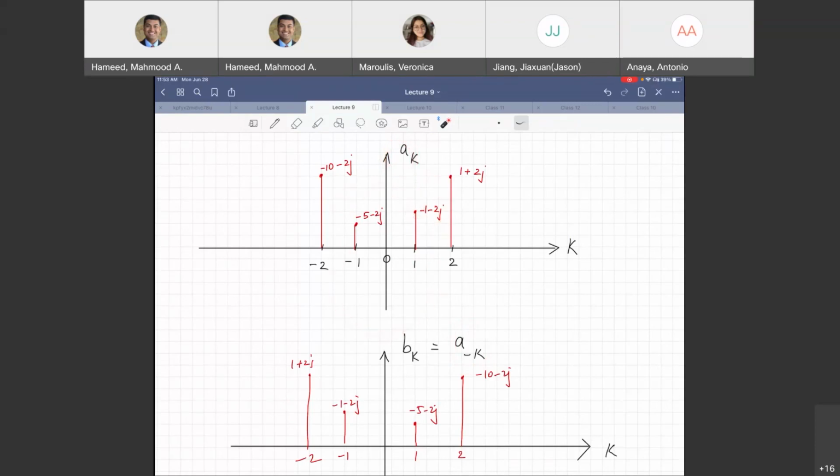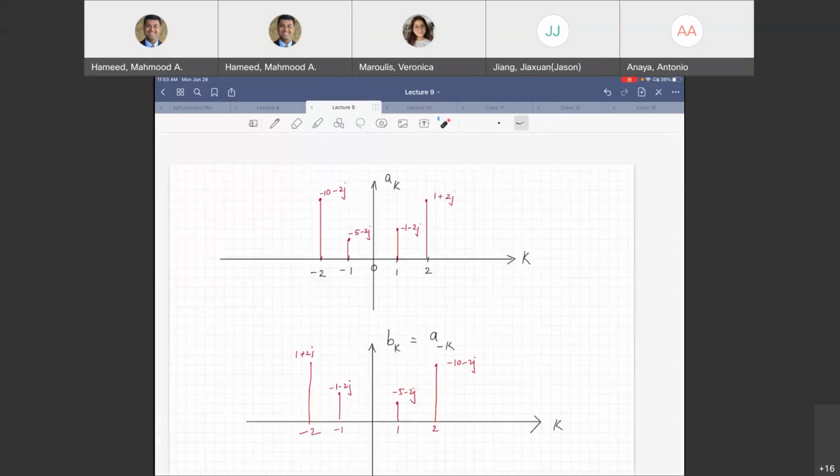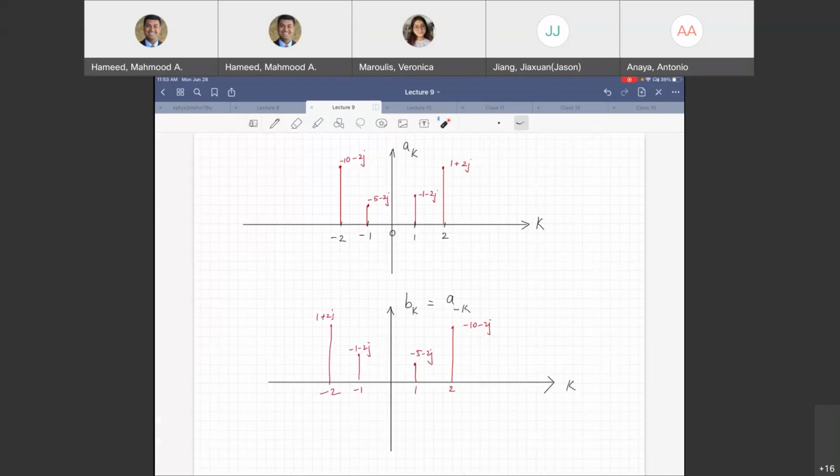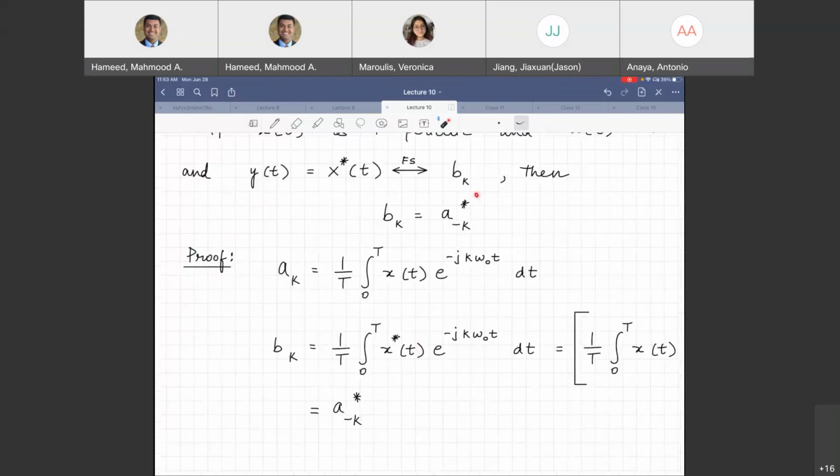But now, along with that, each of these is also getting conjugated. So this one will become 1, negative 1 plus 2j, 1 minus 2j, negative 5 plus 2j, negative 10 plus 2j. They are getting flipped here to here and also getting complex conjugated. Do you see that? So that's the effect of finding a conjugate in the time domain. So that's what that means.